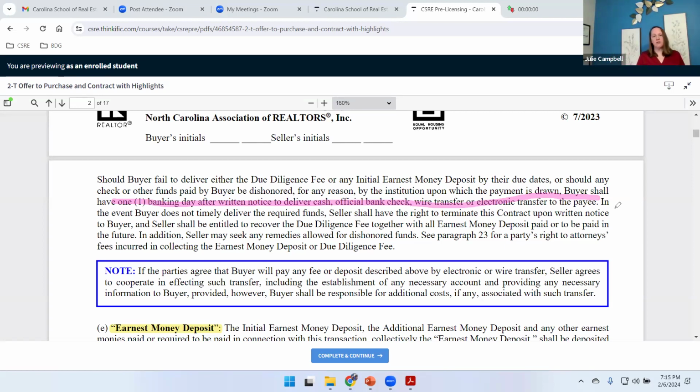Upon receiving that written notice, the buyer has 1 banking day to deliver those readily available funds. If they don't deliver the funds on time, seller shall have the right to terminate. So if the buyer can't get it together for the due diligence and the earnest money, they could be giving the seller an out.